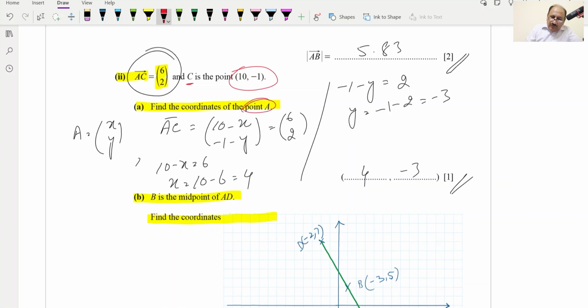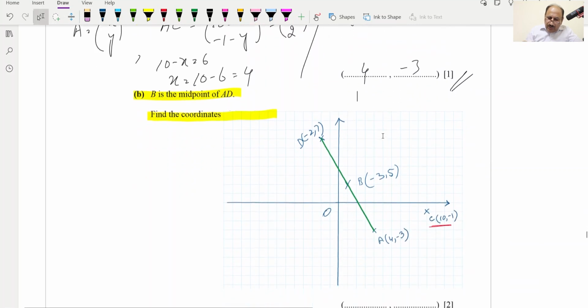Coordinates of A we got over here, 4 and minus 3. So A point is over here, 4 and minus 3. So you can count from here 1, 2, 3, 4 and minus 3, 1, 2, 3 like this, and in this way you reach over here. Hopefully you are understanding this. So A value also I have indicated over here.